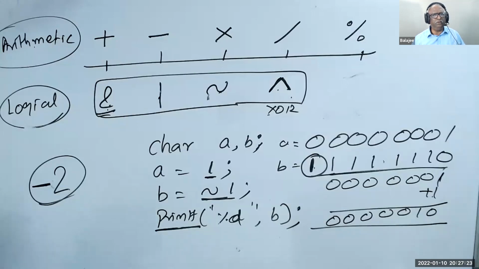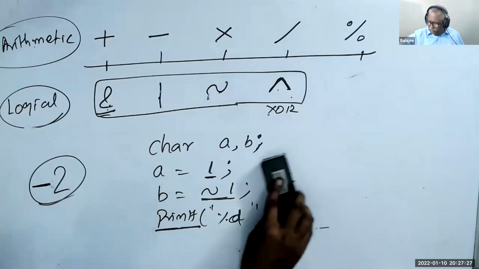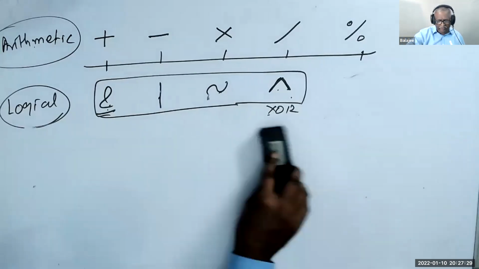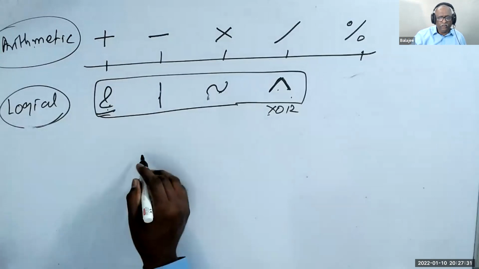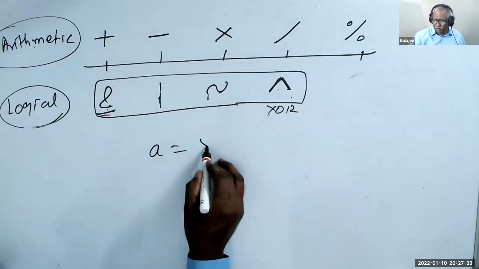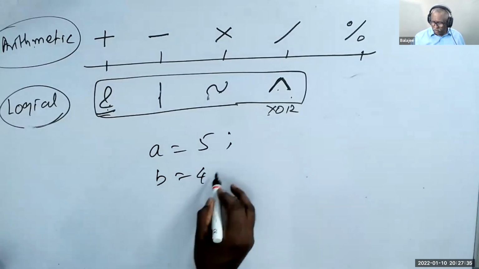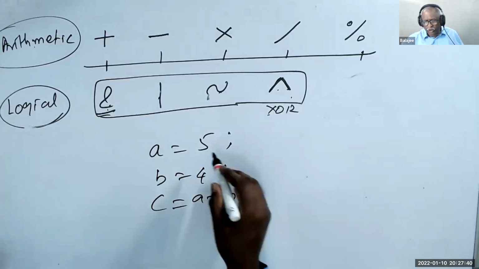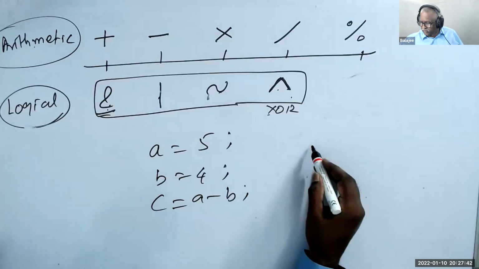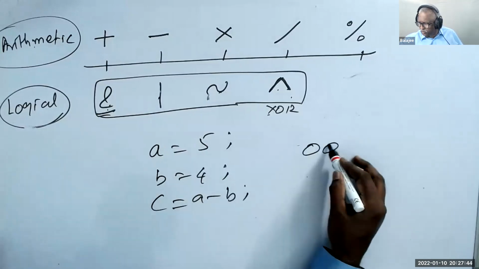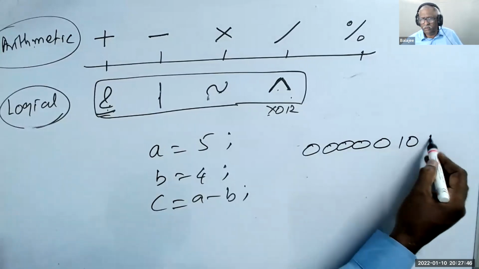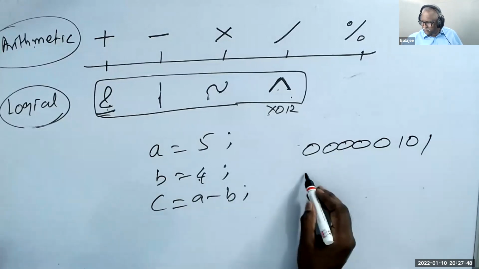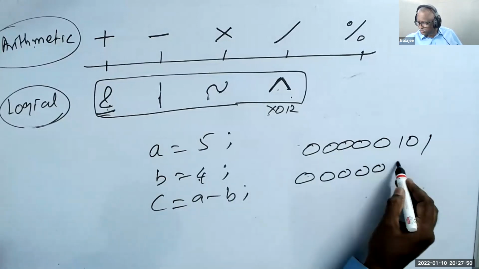Binary subtraction is normal subtraction. So what is this thing? There are 2 ways you can do that. Fine. I understand now. So now you say A equal to 5, B is equal to 4, C is equal to A minus B. What you will do is, here 5 is 0, 0, 0, 0, 0, 1, 0, 1. 4 is 0, 0, 0, 0, 0, 1, 0, 0.